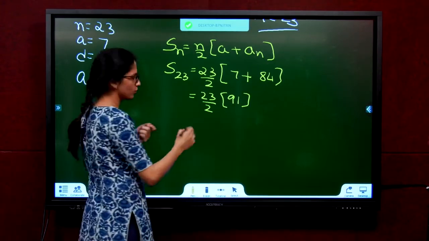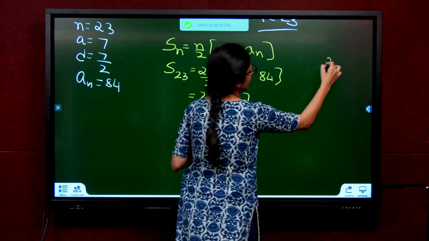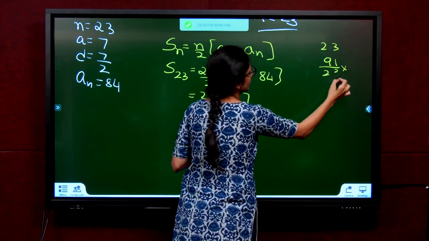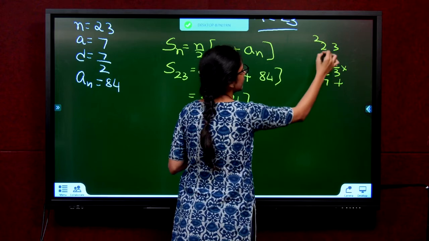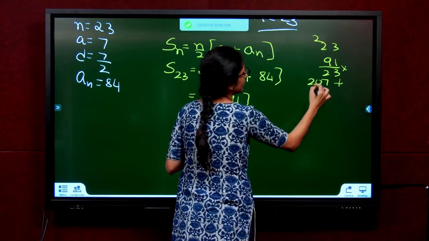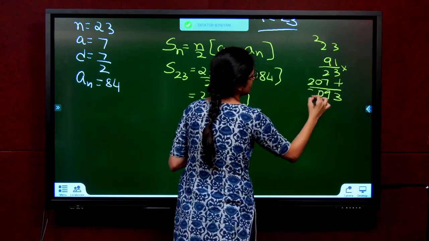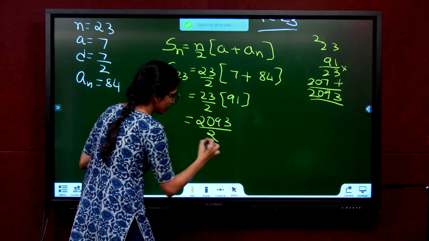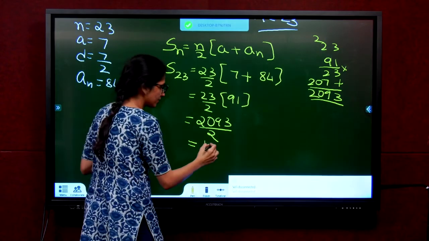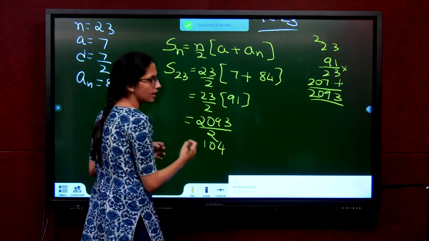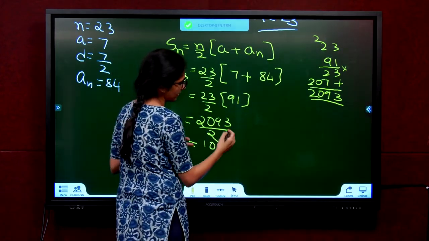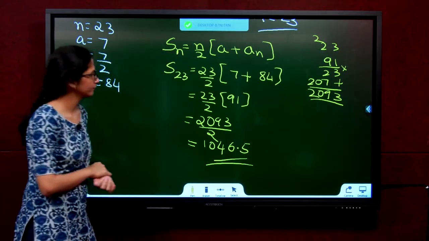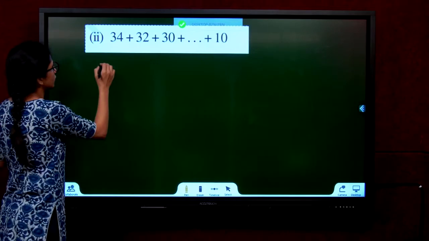Nothing gets cancelled with 2, so multiply normally. 91 into 23. 3 nines are 27, 3 twos are 6... 9 twos are 18, 18 plus 2, 20. 2093 by 2. 1s are, 0s are, 2 4s are 8. 1 will be there, so 2 6s are 12. 5. Very similarly, next question.